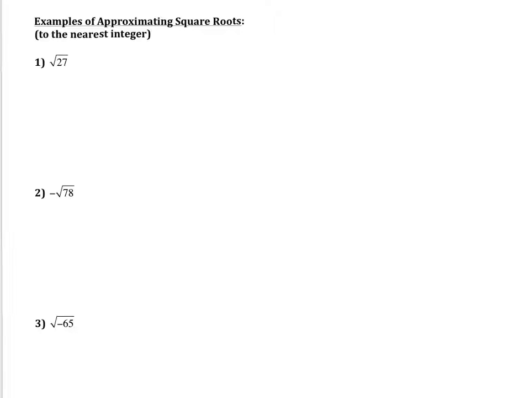So when we look at number 1, we have the square root of 27. The way you do this is you look for the two perfect squares that 27 straddles. The perfect square that is less than it would be 25, 5 times 5. And then the perfect square that's bigger than it would be 36. 27 sits in between those two.